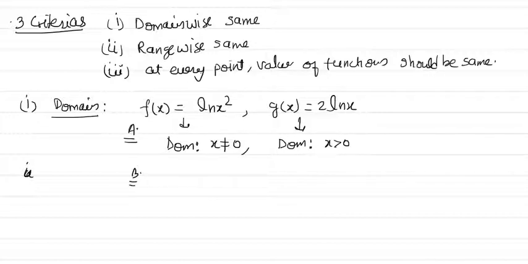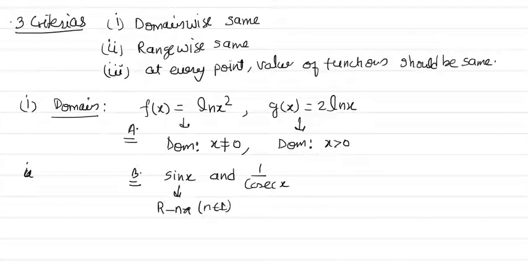Now the second example: sin x and 1 by cosec x. The domain of sin x is r, and the domain of 1 by cosec x is r minus n pi, where n belongs to integer.